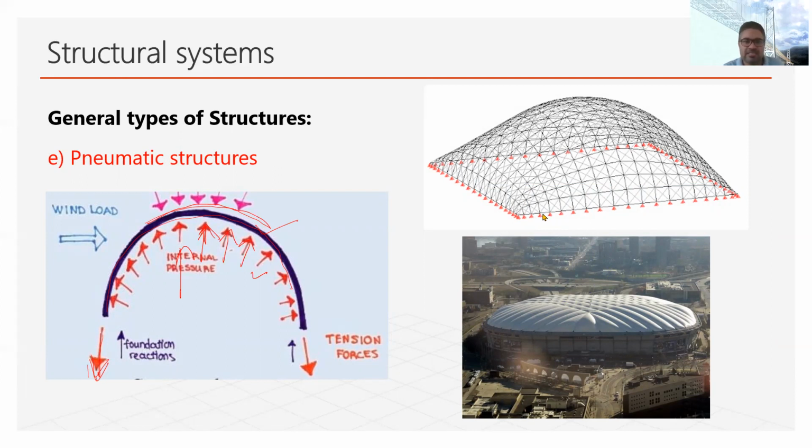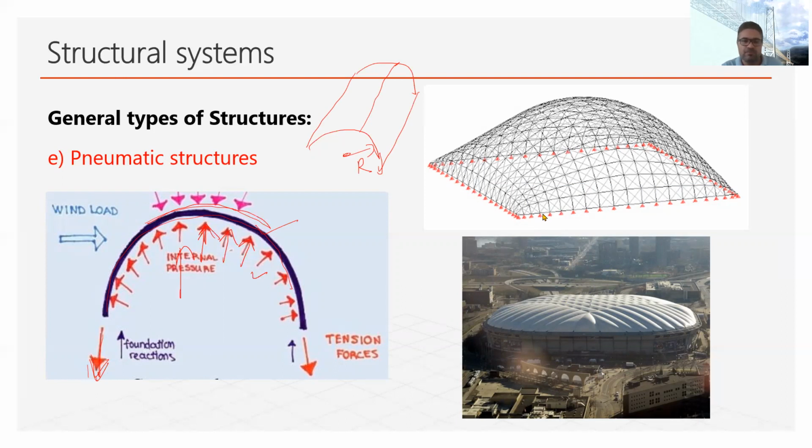Say, for example, I'm making a cylindrical shape. This is the ridge line of the cylinder, and this is the radius of curvature.